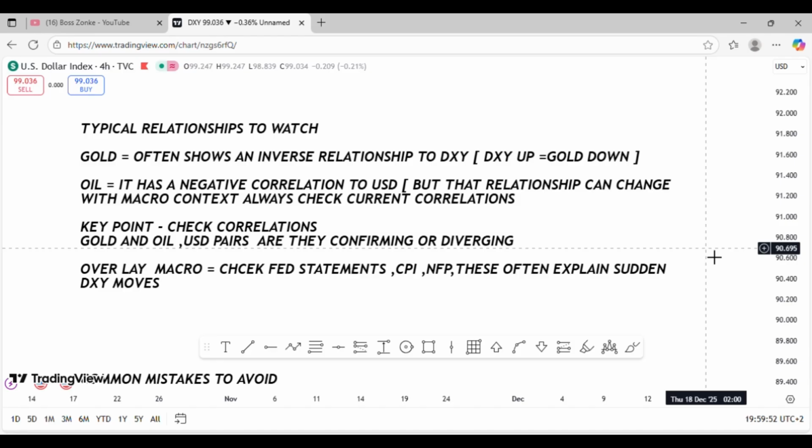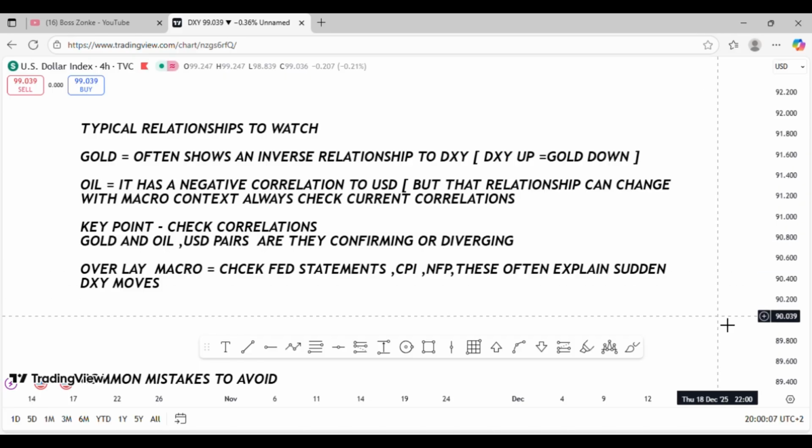We also have what we call an overlay macro. An overlay macro is simply you checking the Fed statements and data such as CPI and NFP. These often explain the sudden DXY moves. You understand? That is why most people, before they trade NFP or CPI, simply go to DXY.